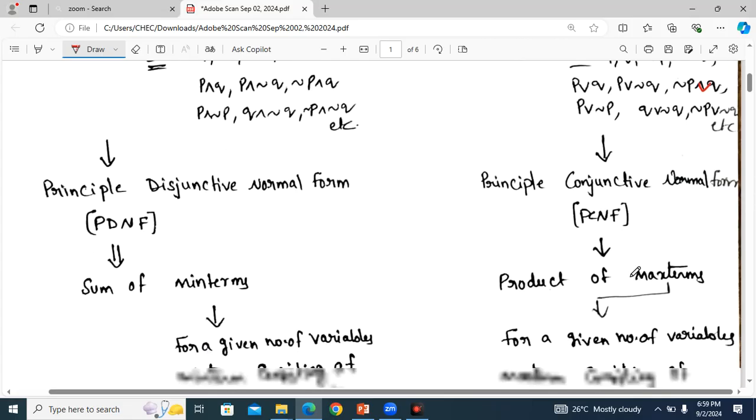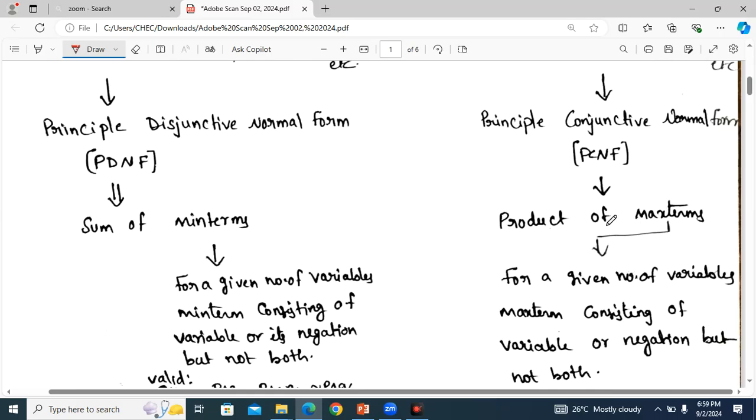Next one, principal conjunctive normal form, PCNF. PCNF is defined as a product of max terms. For a given number of variables, a max term consists of each variable or its negation, but not both.